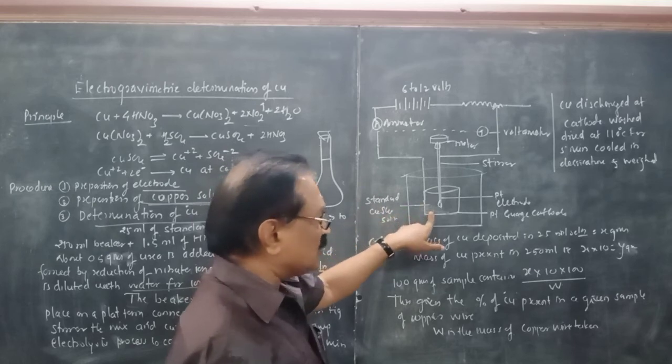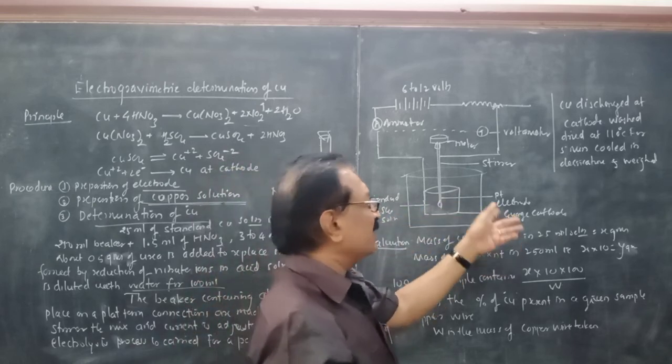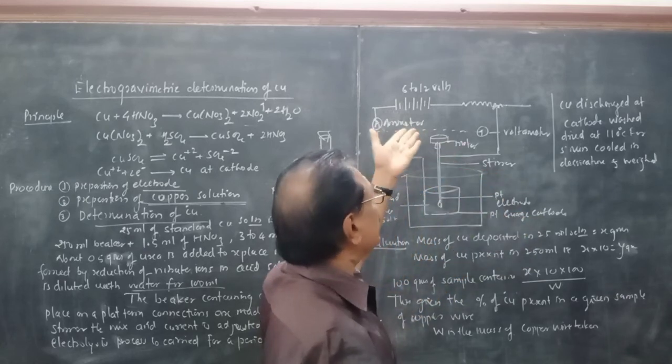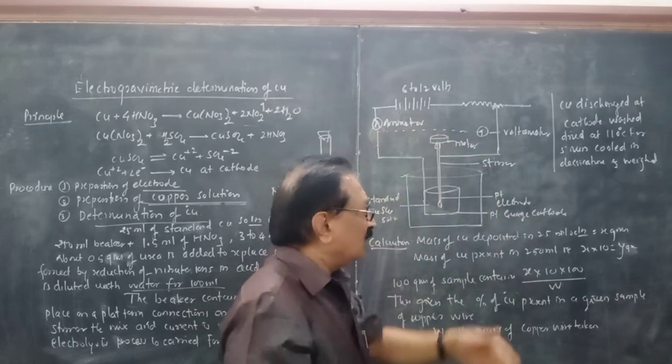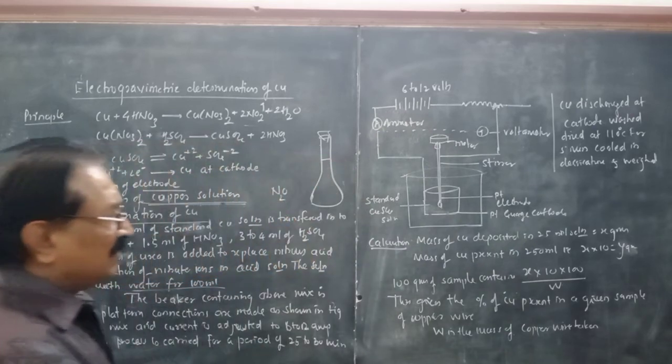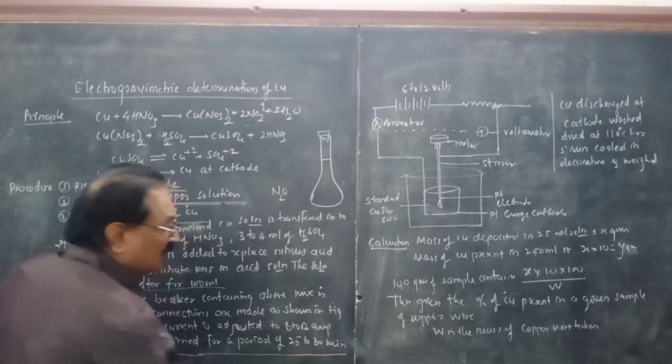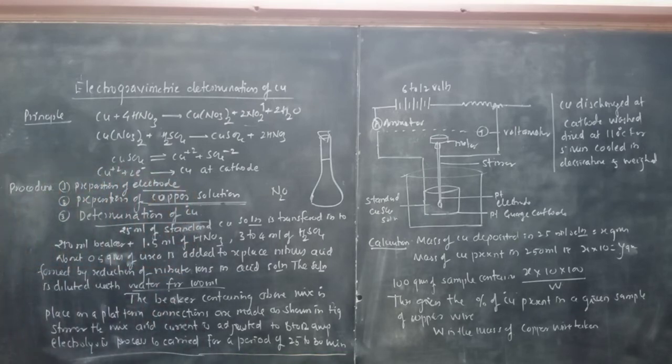Standard copper sulfate solution is there, platinum electrode is there, this is called a platinum gauze. Cathode is there, stirrer is there, motor is there, ammeter, then voltmeter. Everything, the connections are made, and current is adjusted to 6 to 12 amperes. Then the electrolysis process is carried out continuously for a period of 25 to 30 minutes.